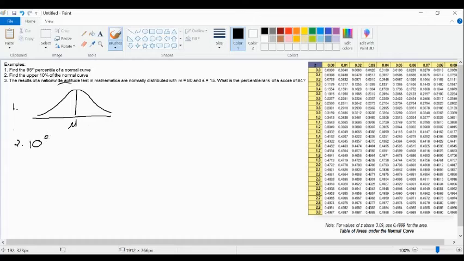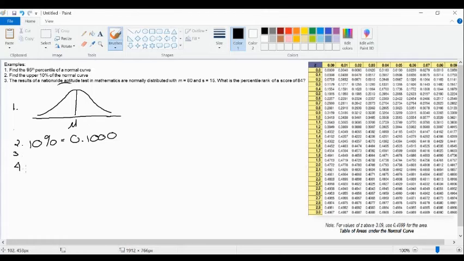So, 10% is the same as 0.1000. Number 3, with respect to the mean, locate the upper 10%. The word upper means to the right of the mean. So, we're going to locate it here, okay?